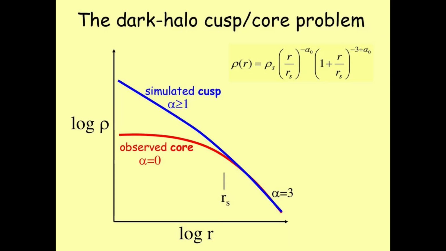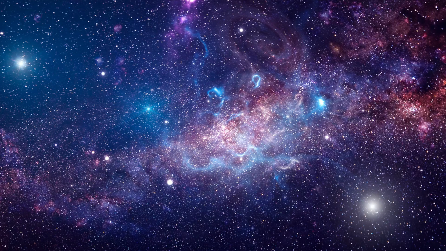Core cusp problem. The core cusp problem refers to a discrepancy between inferred dark matter and simulated density profiles of low-mass galaxies. This poses a problem for current dark matter theories, and there remains a discrepancy between theory and observation regarding the mass density distribution of the dark matter halo.